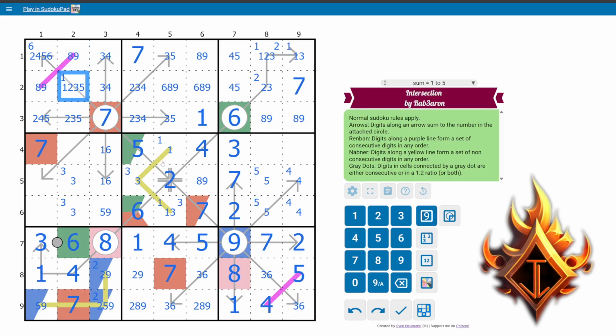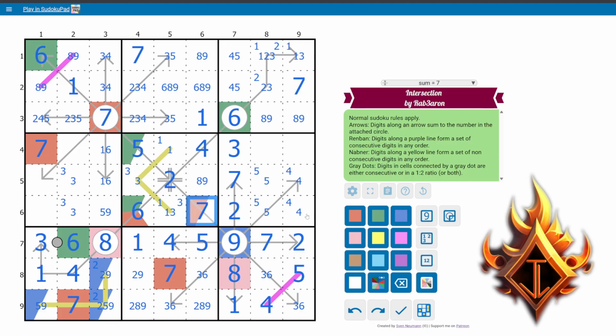So now this is 1. That is 6. Six is green. Okay.